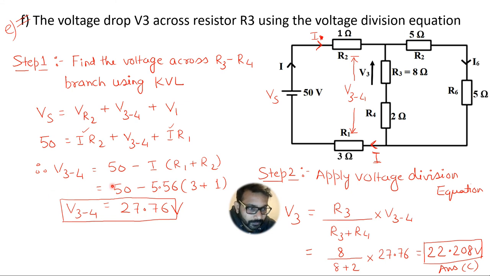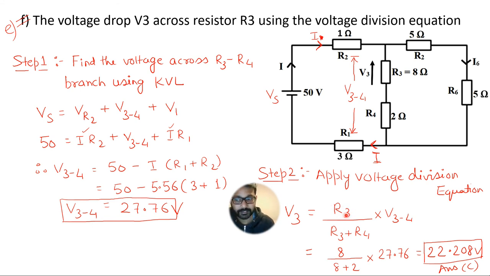Now, this is the first step. I have still not calculated V3, the voltage drop across R3, by applying the voltage division equation. Since I have calculated the voltage across R3 and R4, now I can apply it. According to the voltage division equation, if I am calculating V3, I should consider R3.